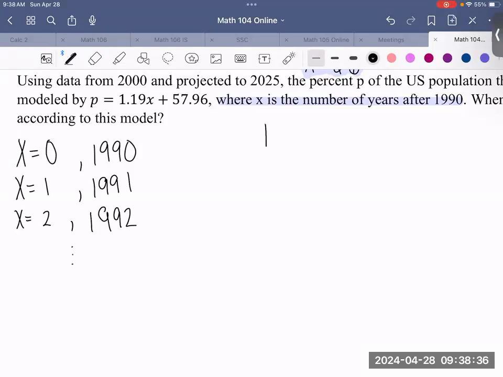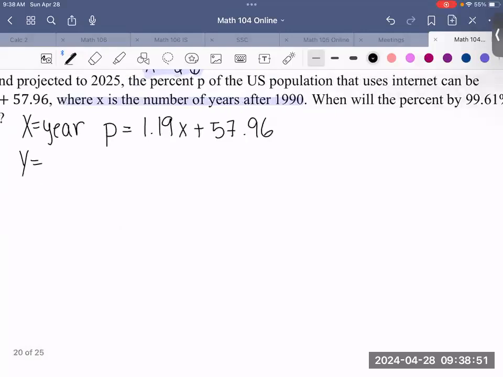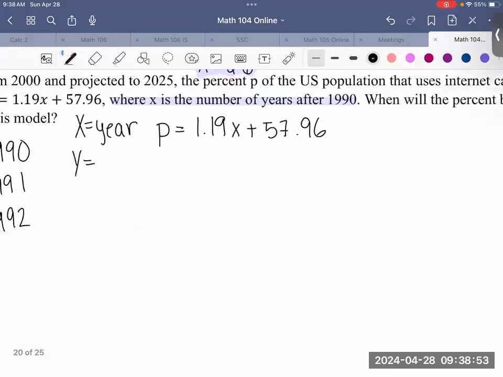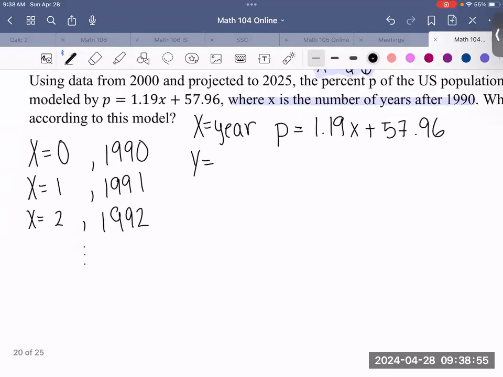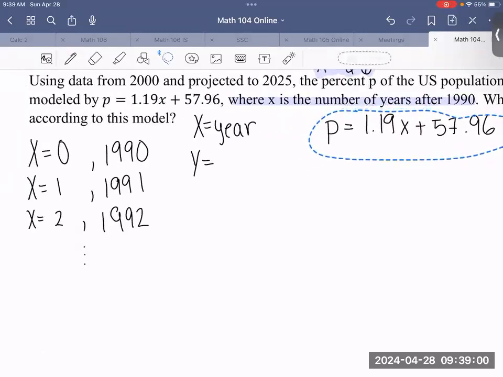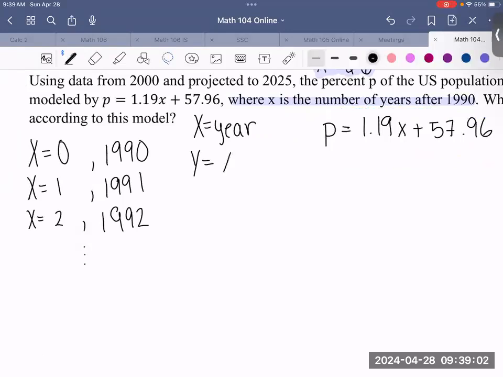So we are given P is equal to 1.19x plus 57.96. We know x is a year. What is y? Well, it's the percent of the US population that uses internet. That's kind of wordy, so we can just say y is percent internet users.